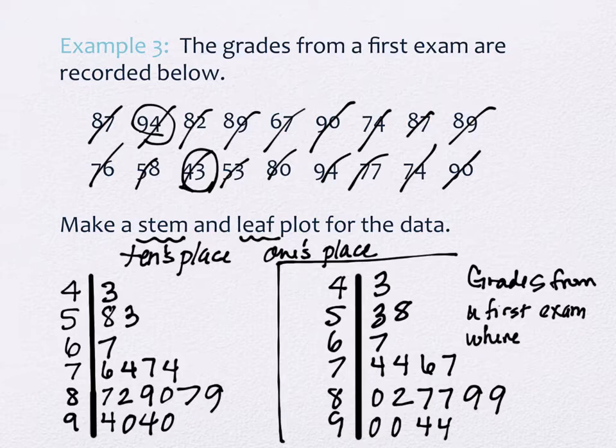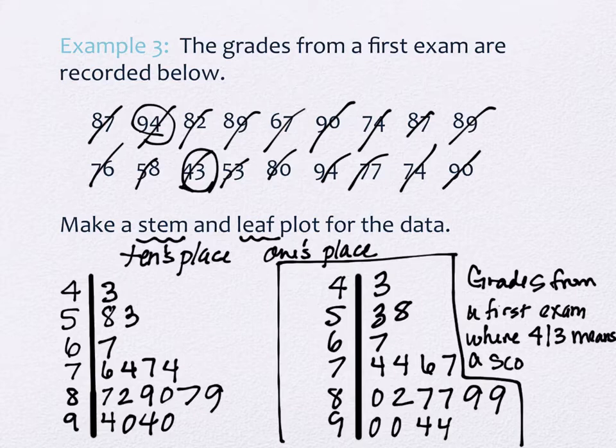And you can pick any of them that you want. Maybe you just want to start at the top, the 4|3 means a score of 43 on the test.